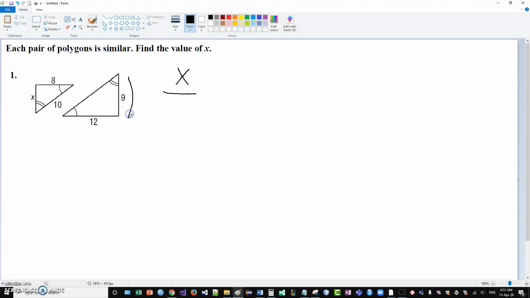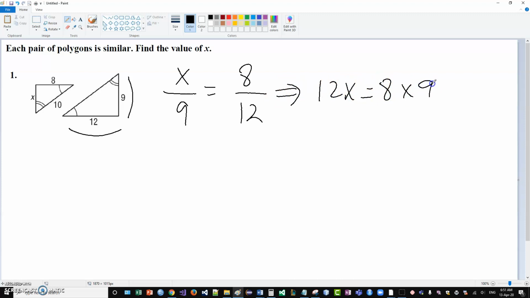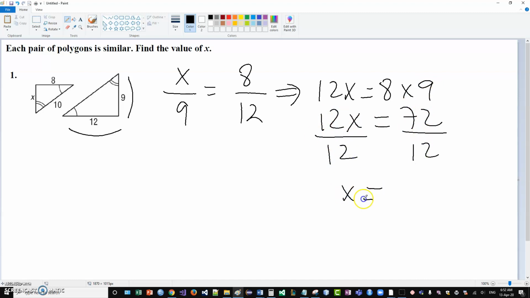It's this side, which is 9, equals 8 over, now the side corresponding to 8 is the 12. That means 12x equals 8 times 9. 12x equals 72. Divide by 12. X equals 6.